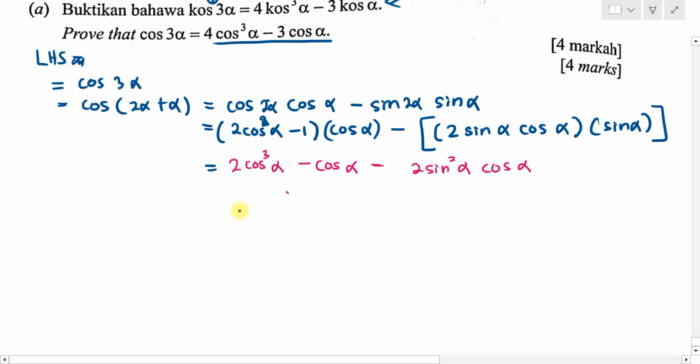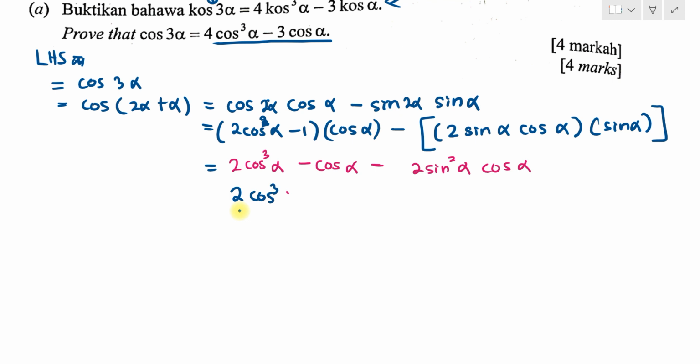Okay, so here we need to do something. Maybe the sin square alpha we change in terms of cos only.